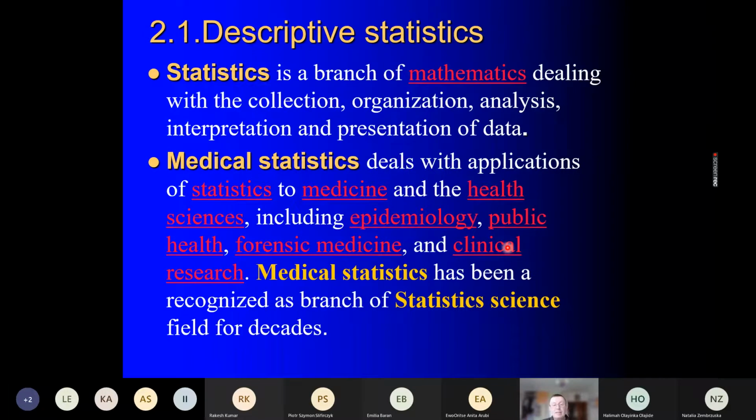So, statistics itself is a branch of mathematics which deals with the collection, validation, analysis, and interpretation of presentation of data, and medical statistics deals with the application of statistical techniques to medicine and health sciences, including epidemiology, public health, forensic medicine, clinical research, and so on. It has been recognized as a branch of statistical science for decades.